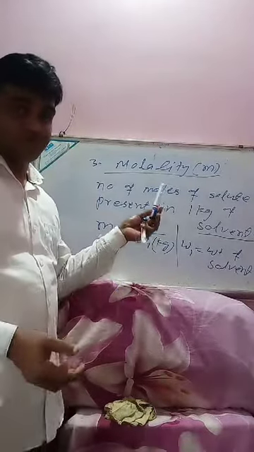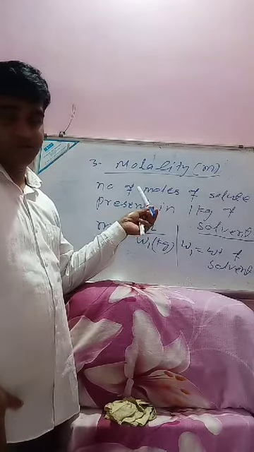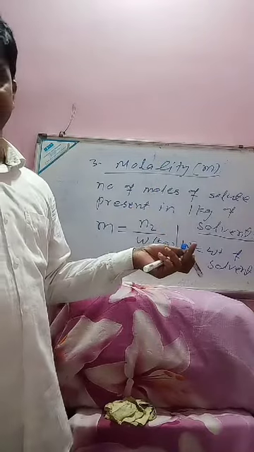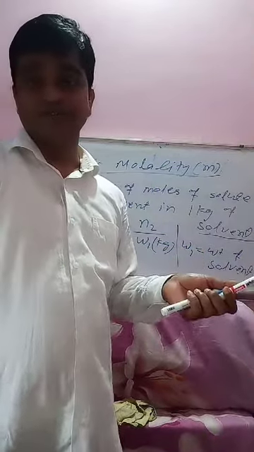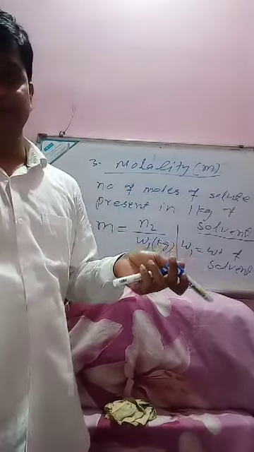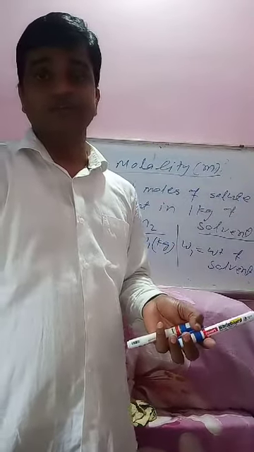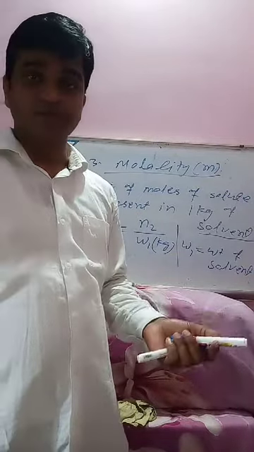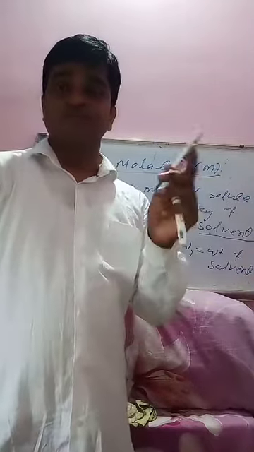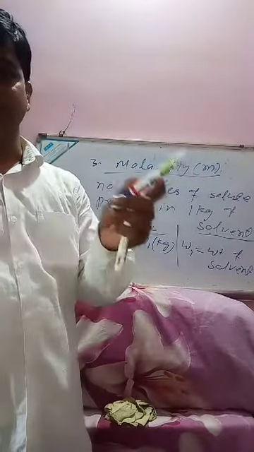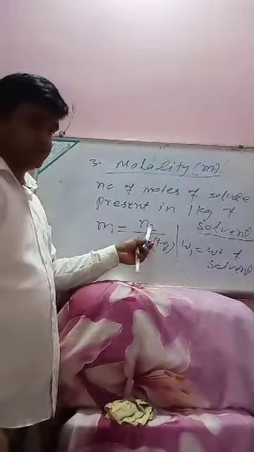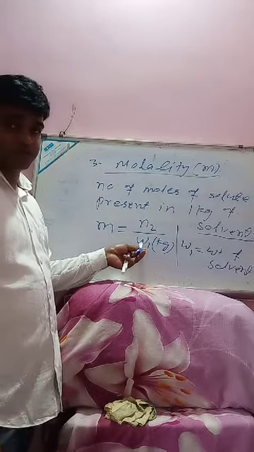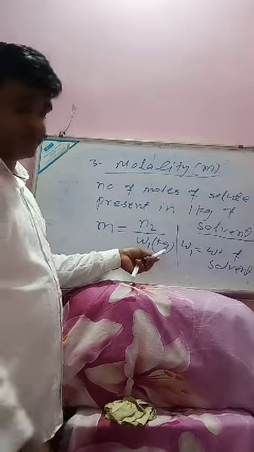So molality means the number of moles of a solute present in 1 kg of a solvent, that is, number of moles of solute by mass of the solvent in kilogram.